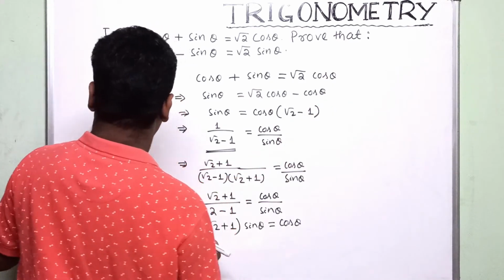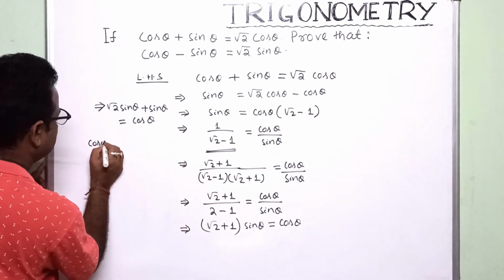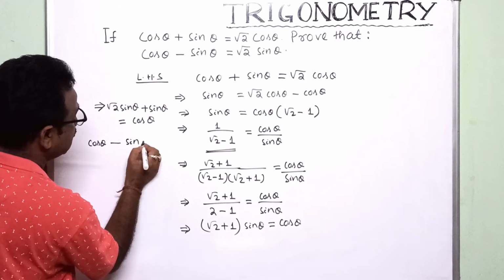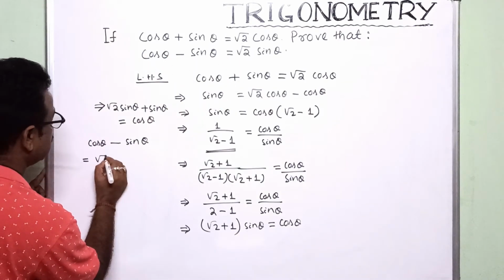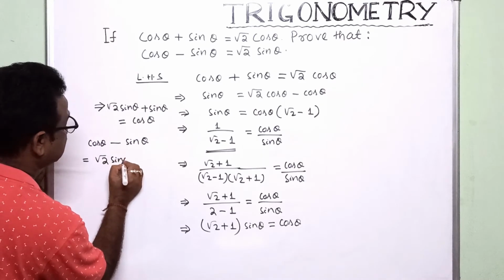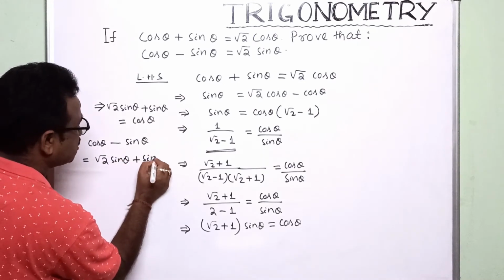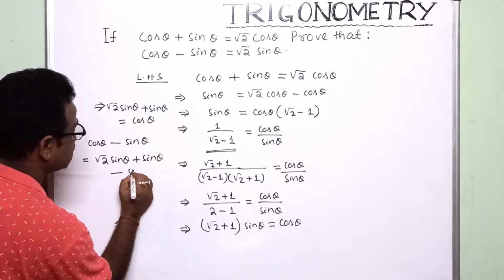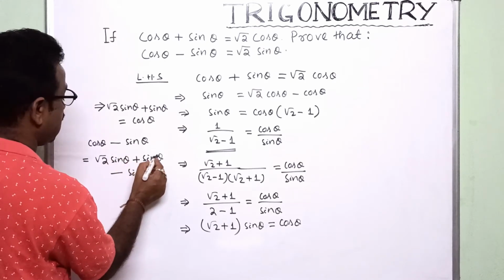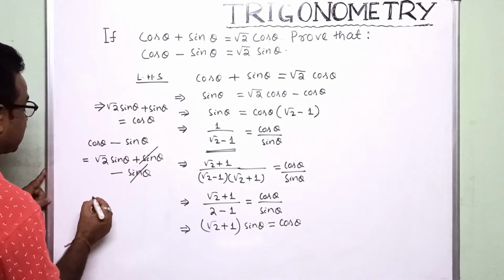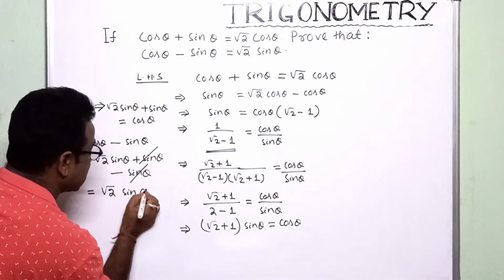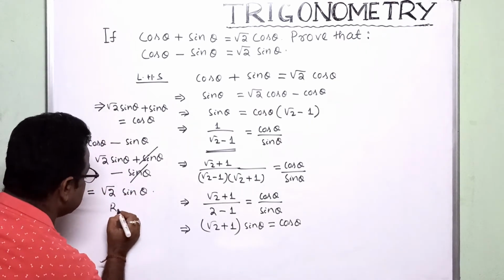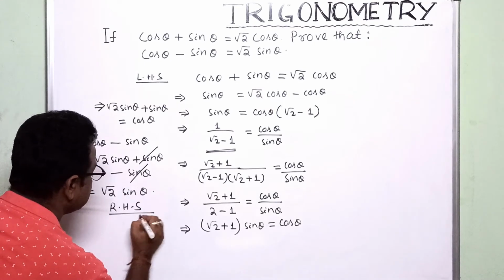Now here see, cos theta minus sin theta is equal to root 2 sin theta plus sin theta minus sin theta. So plus sin theta minus sin theta cancelled, is equal to root 2 sin theta, which is your RHS. We are getting proved.